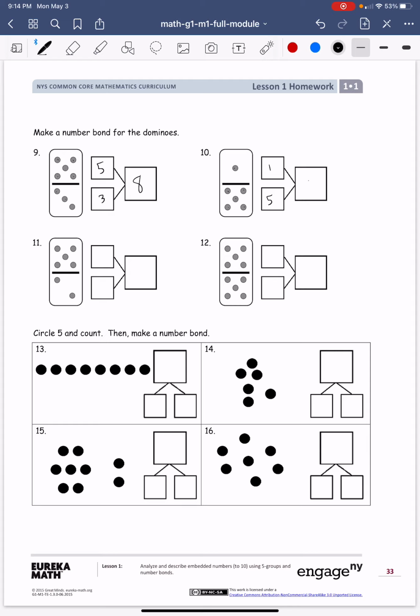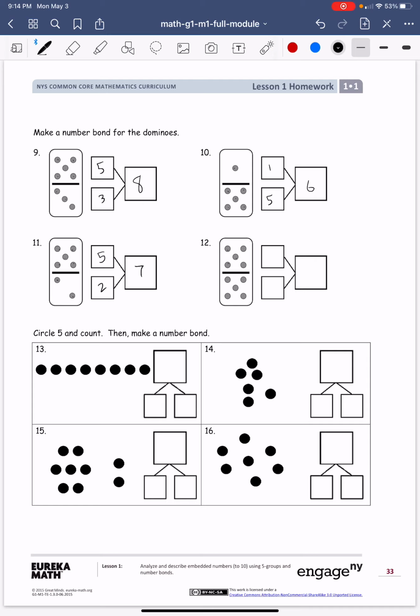So let's write 6. 11. Right here. 1, 2, 3, 4, 5. 1, 2. What's 5 plus 2? Do you know how we could figure this out? Is we could do 6 plus 1. What is that? It's 7. So let's write in 7.